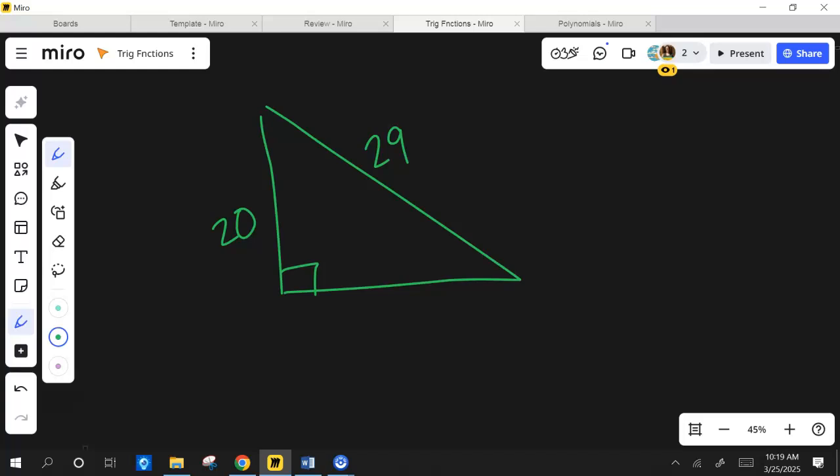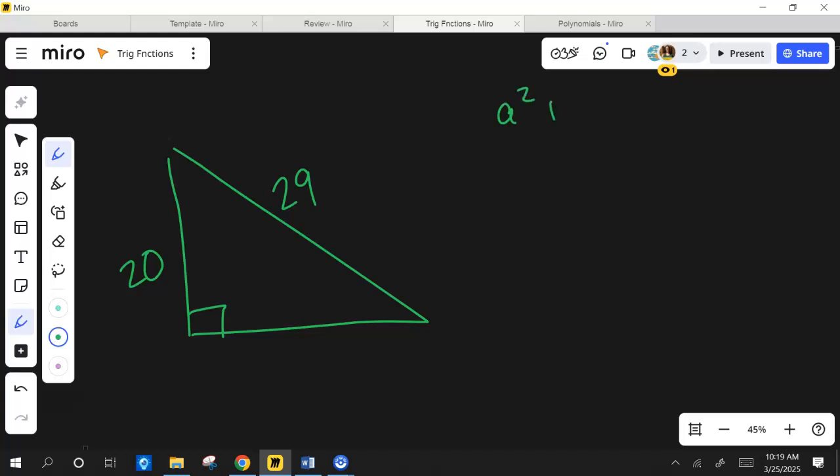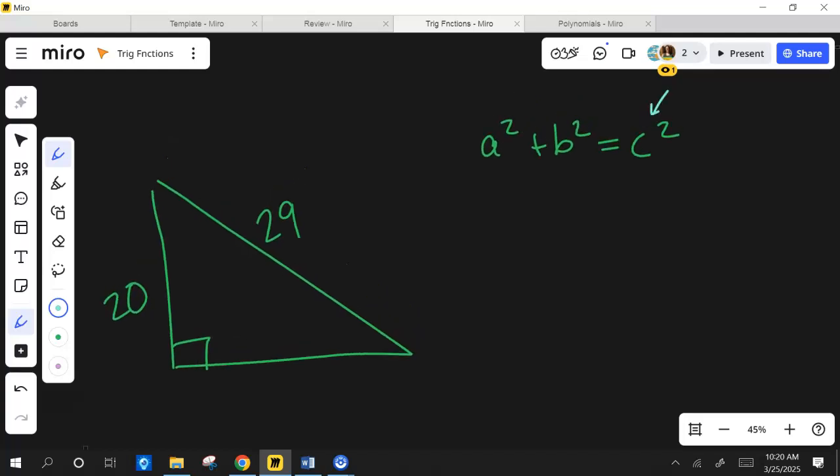Pythagorean theorem. That works with every right triangle, right? That is a squared plus b squared equals c squared. C is always the what? Hypotenuse. These are always legs. They're always the two that come in at 90 degrees.